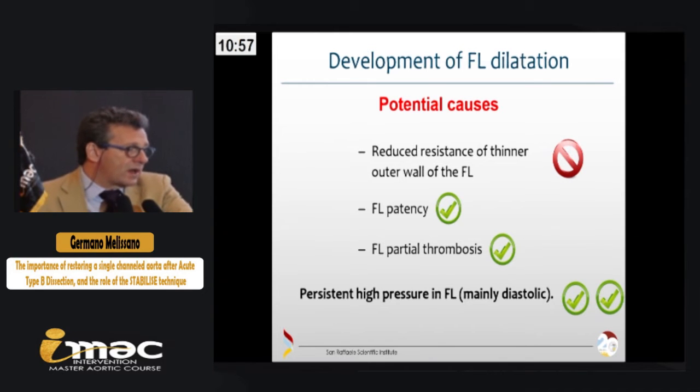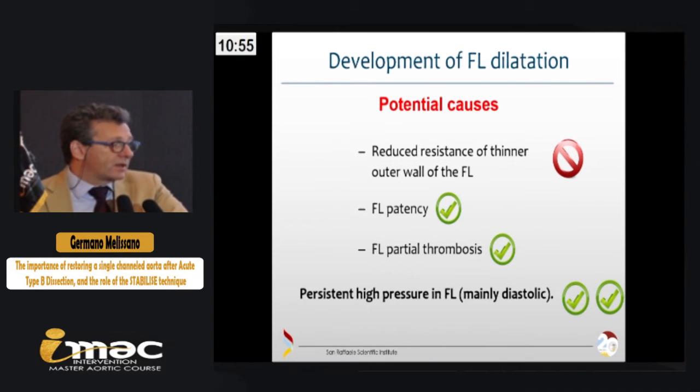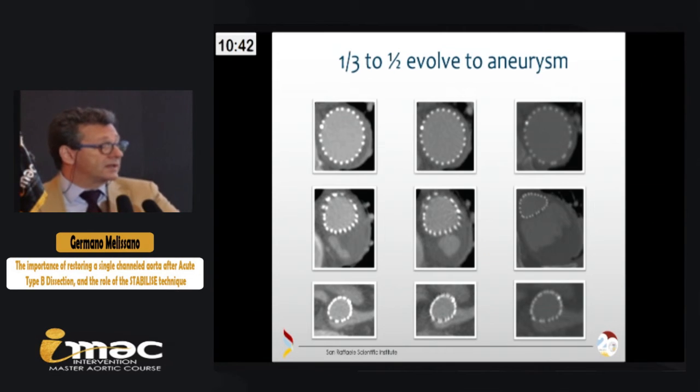So we have excluded the thinner wall of the aorta, and the reasons for dilatation are mainly the false lumen patency, partial thrombosis, and a persistent high pressure in the false lumen, mainly during diastole.